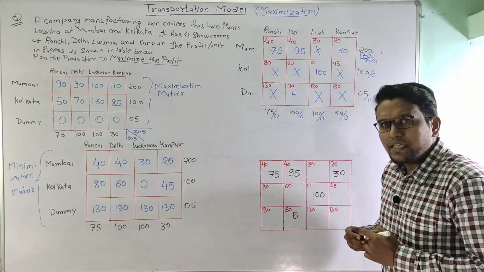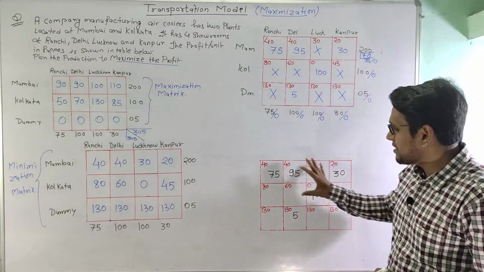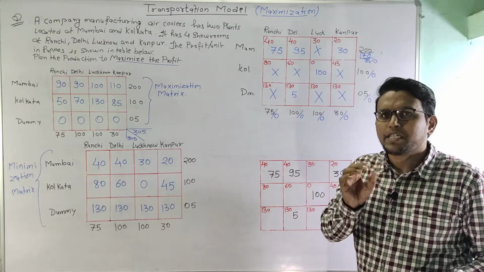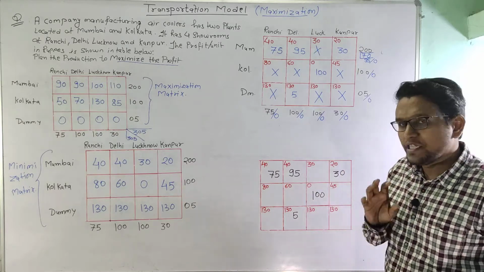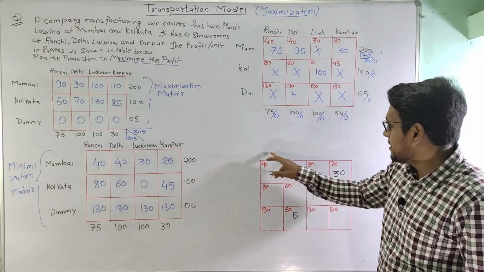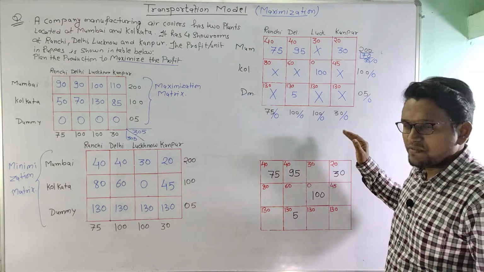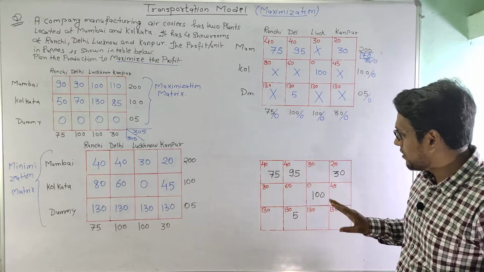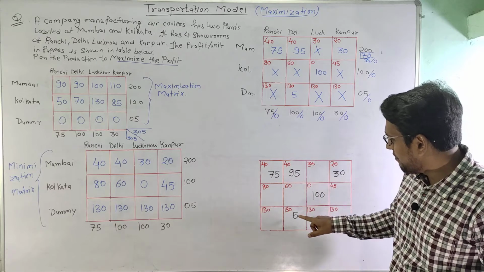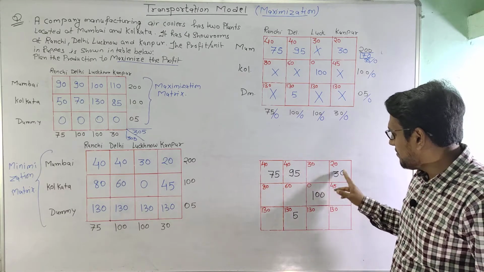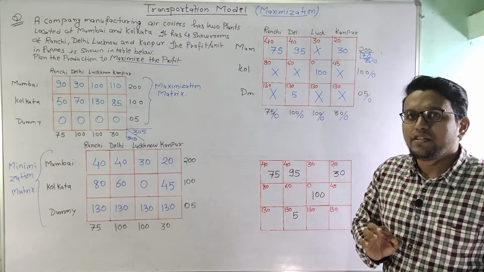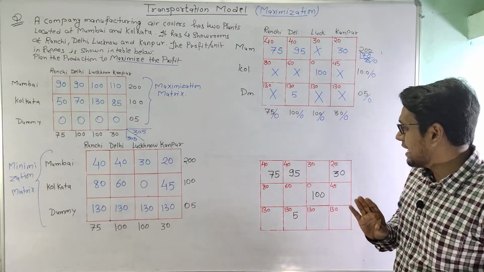Now to find the optimality of this basic feasible solution, we need to have exactly m plus n minus 1 number of allocations, or independent allocations as you would say. So m is 3, n is 4, 3 plus 4 is 7, minus 1 is 6. So we need to have 6 allocations, but at present we have 1, 2, 3, 4, 5. We have 5 allocations. We need one more cell, which is a potential cell for independent allocation.